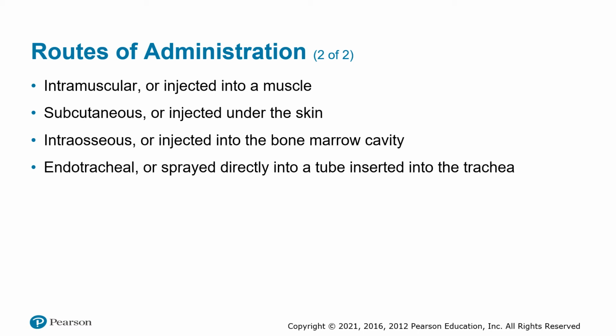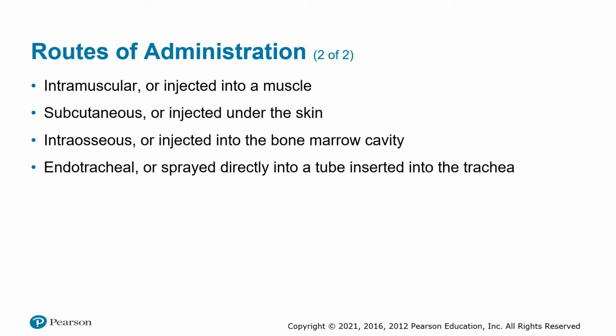Subcutaneous is injected under the skin. It's like you're pinching the skin and getting into that subcutaneous level of the skin. It's best if you give it in the butt or the bicep, which is where those particular shots go.